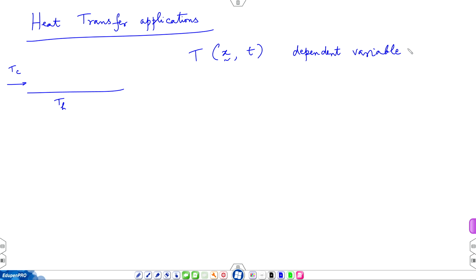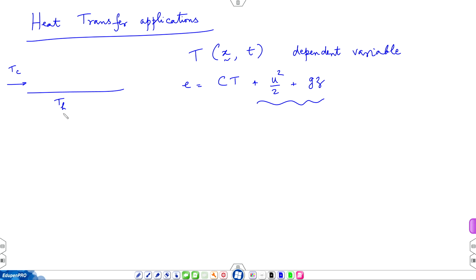Okay. So, now what happens is, in this definition of E equal to C T plus U square over 2 plus G Z, in a problem of this type, you have a hot surface and you have cold air going over it. The changes in the first term: how much would be the changes in the first term?